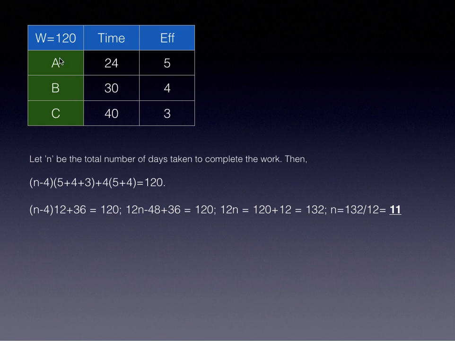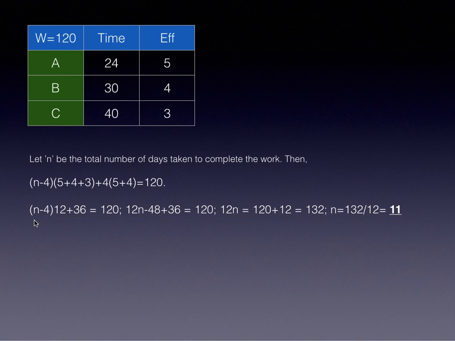And we know that the total work is 120. Therefore, n minus 4 into 5 plus 4 plus 3 plus 4 into 5 plus 4 is equal to 120. That is 5 plus 4, 9 plus 3, 12 into n minus 4 plus 5 plus 4 is 9, 9 into 4, 36 is equal to 120.